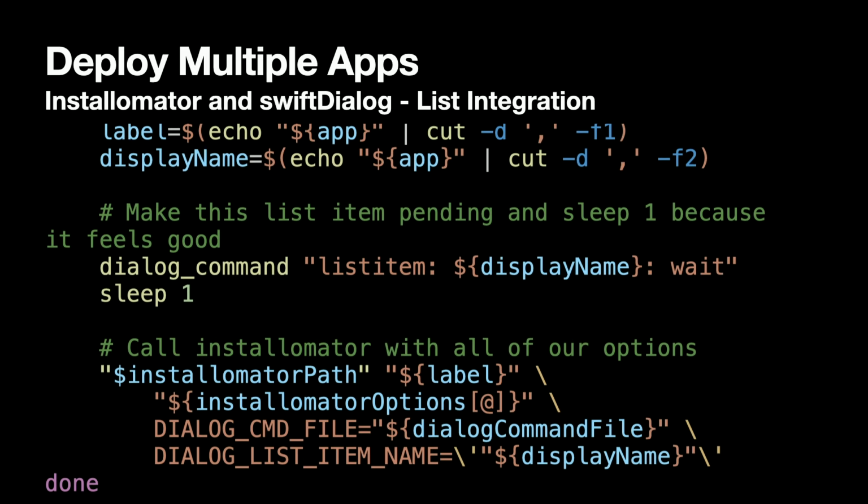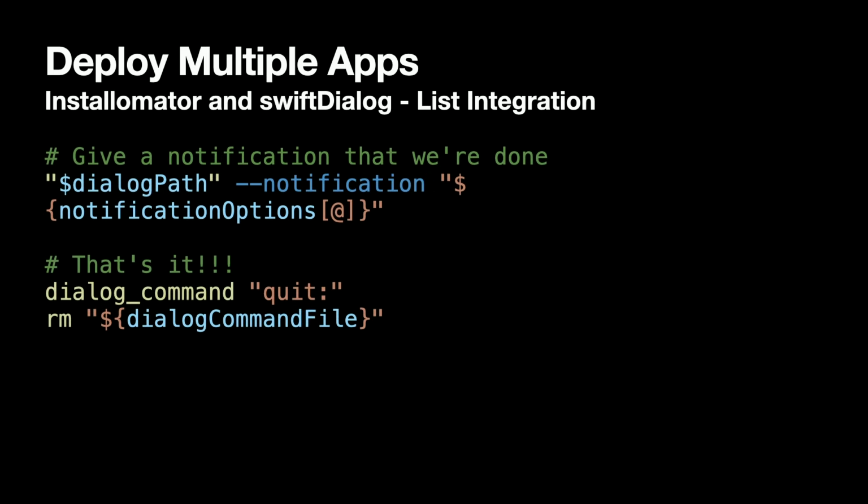Like which item is it updating as it runs. So that's, at that point, going to go through that app list one by one, complete the Installomator run for each of those options, and we're done.